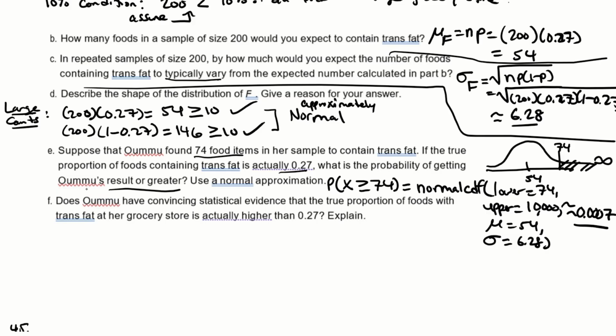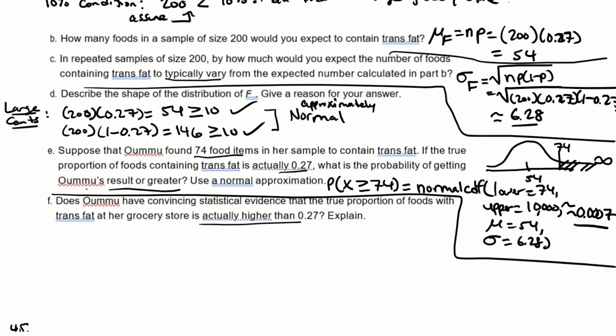Again, not a lot of room. And then, does Omu have convincing statistical evidence that the true proportion of foods with trans fat is actually higher than 0.27? Well, 0.0007 is actually less than 5%. Remember the cutoff was 5%. It is less than 0.05. Okay, so that means there is convincing evidence.